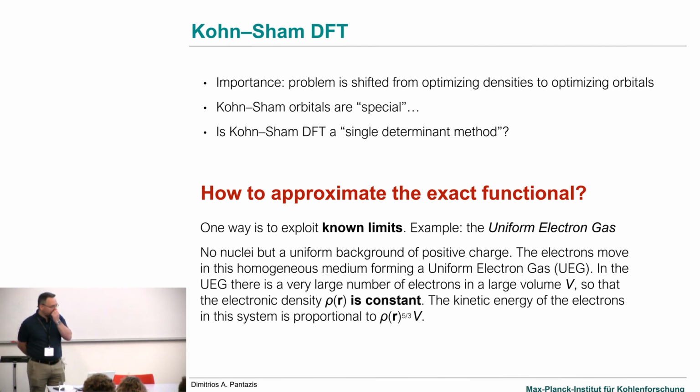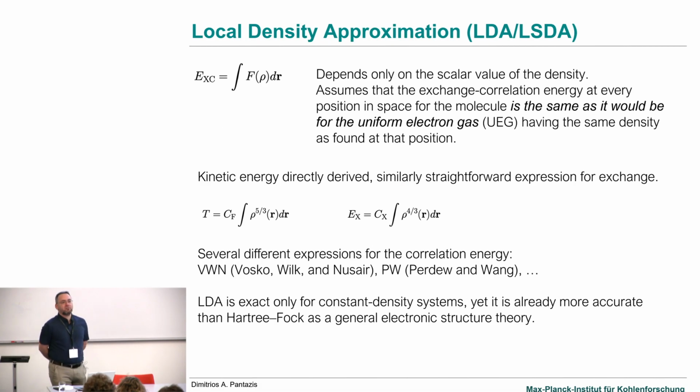For example, there are specific limits like the uniform electron gas, where you have a uniform density. We have some expressions for the uniform electron gas, and we want whatever we construct to converge at the limit to these expressions. So we can have these kinds of boundary conditions.